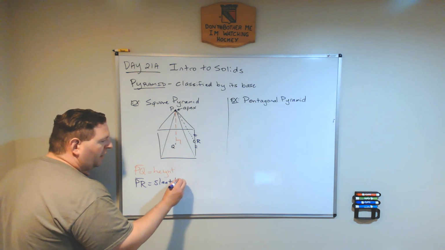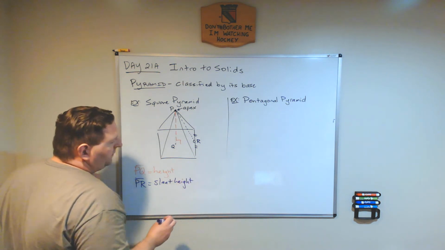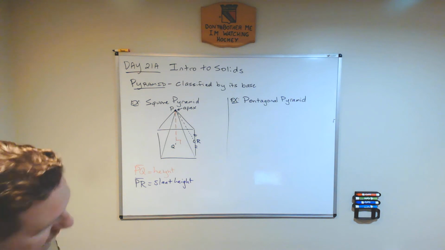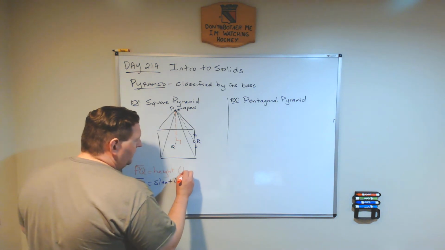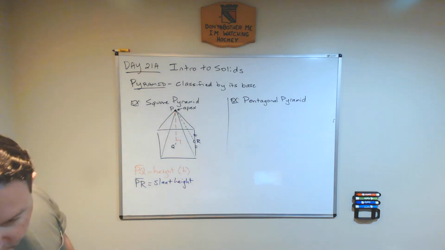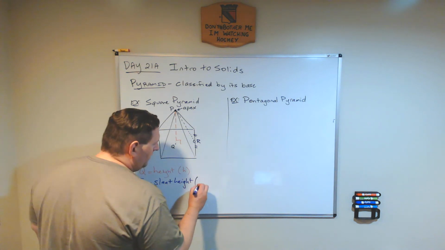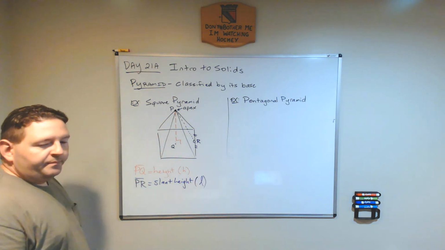And just so you know, when we start doing formulas for this stuff, they use the letter H for height, and they use the letter L for slant height.